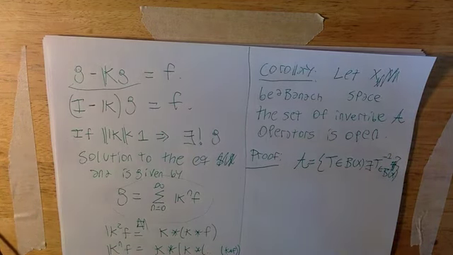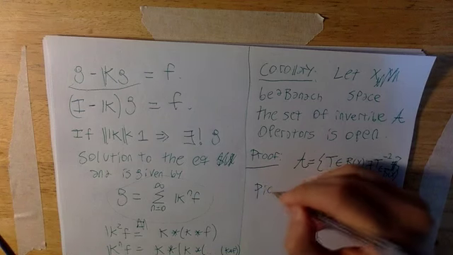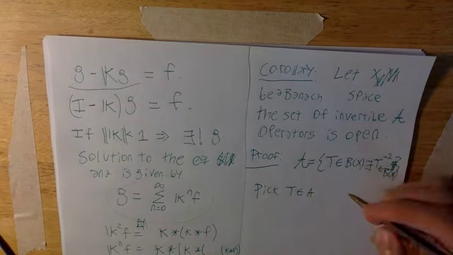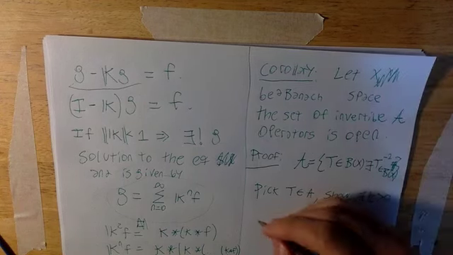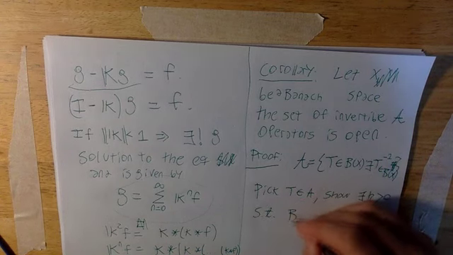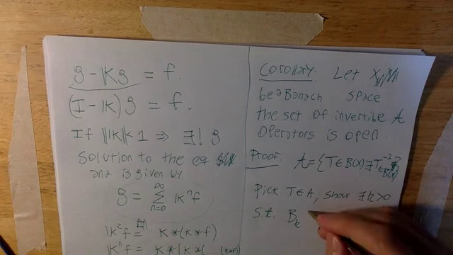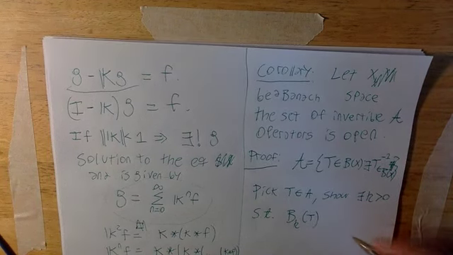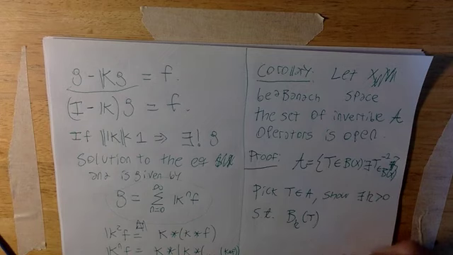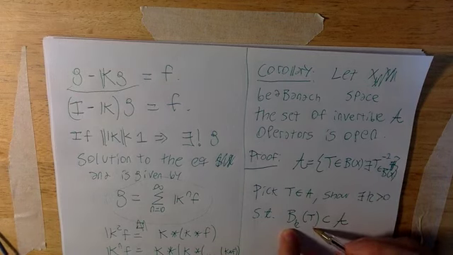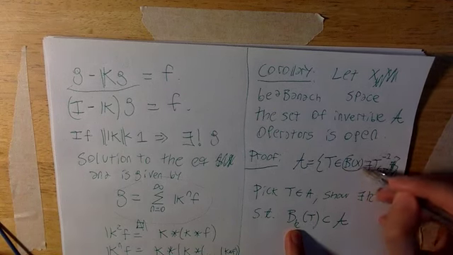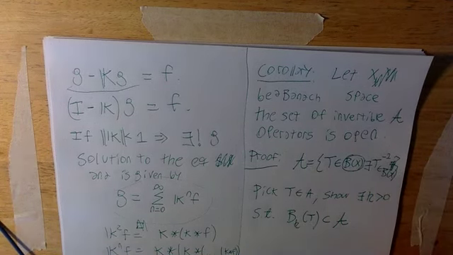Okay, so now we are going to pick T in A, and we are going to show that there exists eta positive such that the ball of radius eta around T is contained in A. This ball of radius eta is considered in terms of the norm, the metric in the algebra of operators.